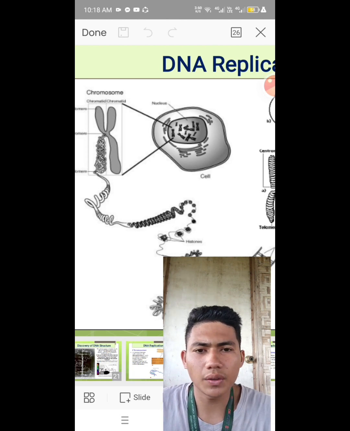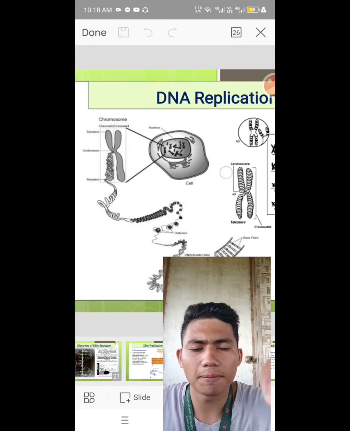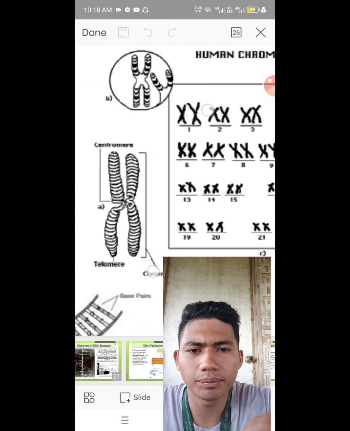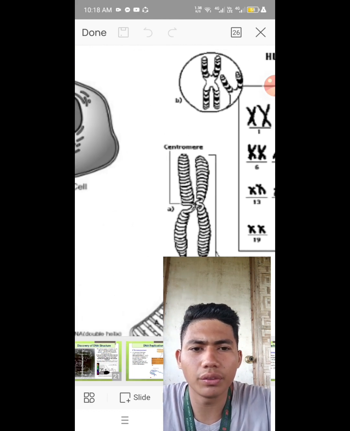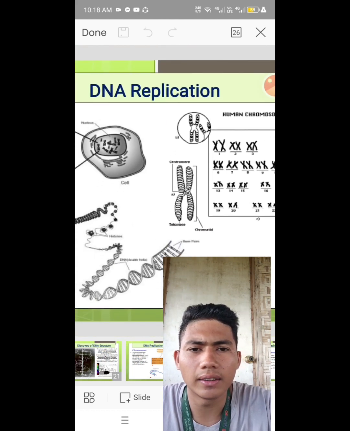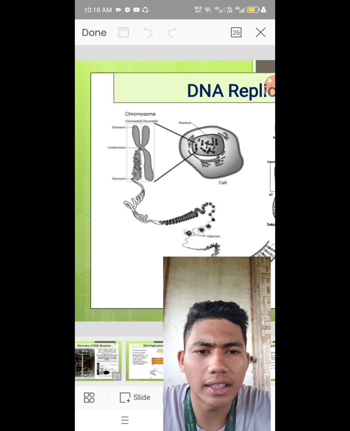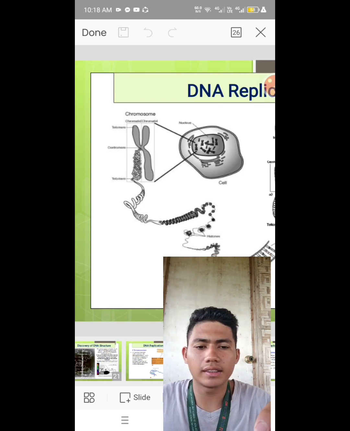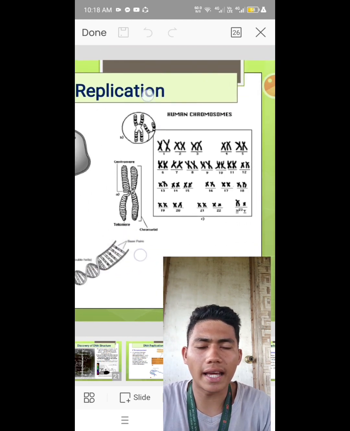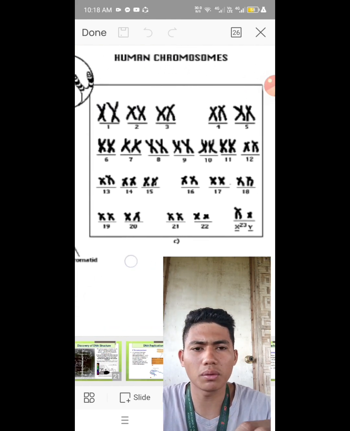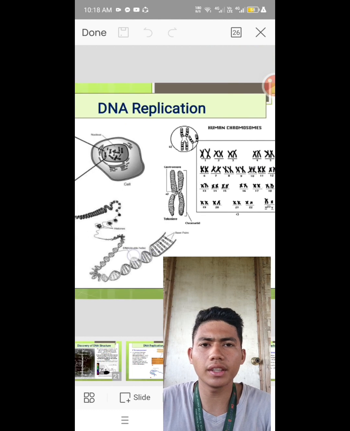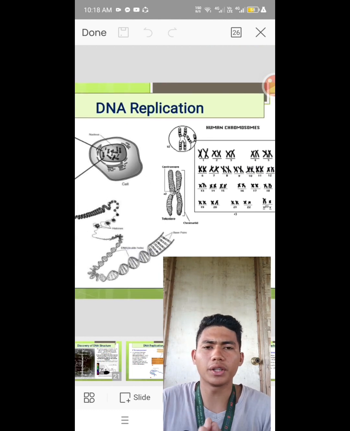As you can see, I will zoom in. In the chromosomes, we have the centromere, the telomere, and the chromatid. So what are those things in the chromosomes? Let's start with the centromere.